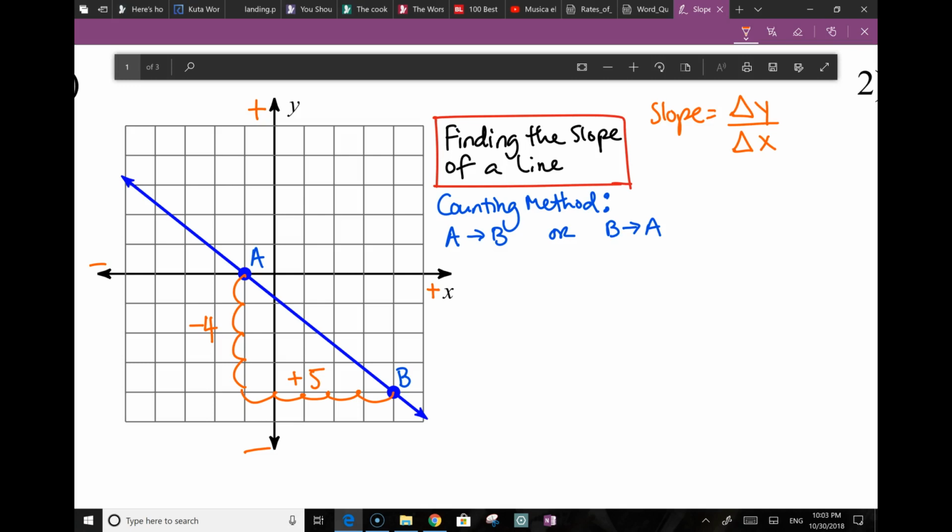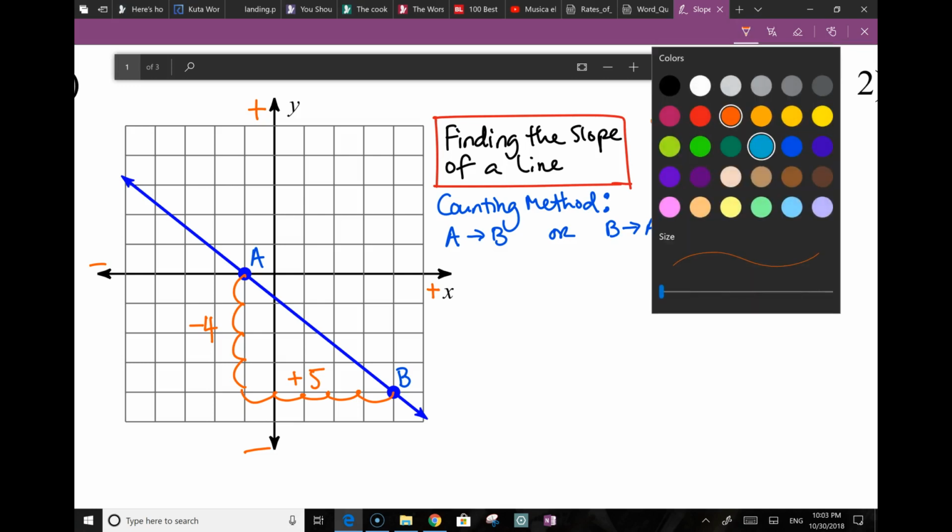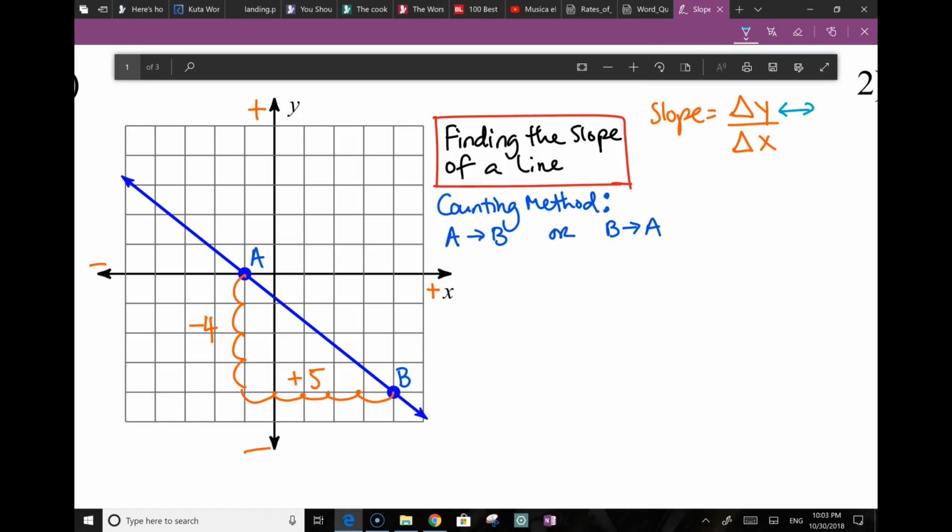Pardon me, I should say a change in your vertical direction versus a change in your horizontal direction, okay? And so when I write the slope for going from A to B, it'll be -4 because I went down 4, over +5 because I went to the right 5 times. Now these are a set of directions to go from point A to point B.